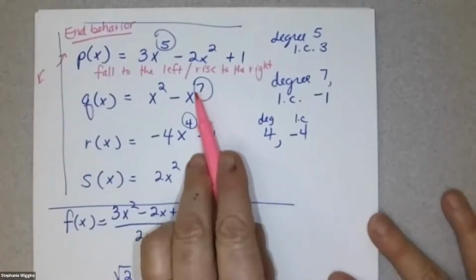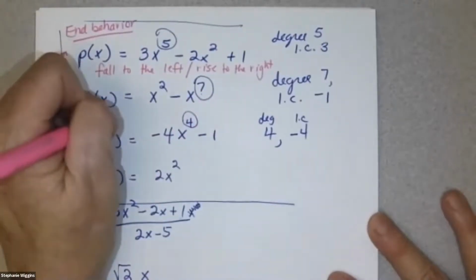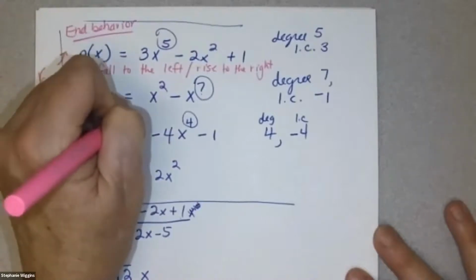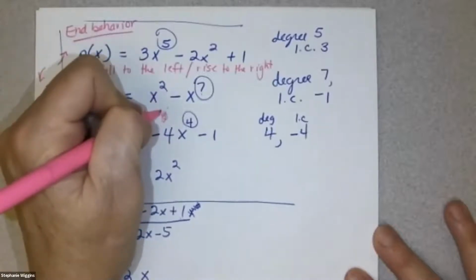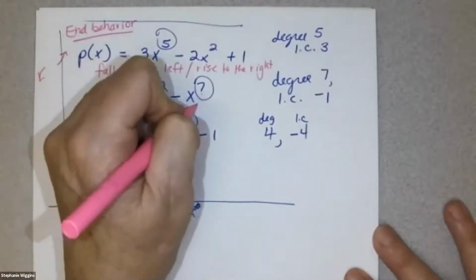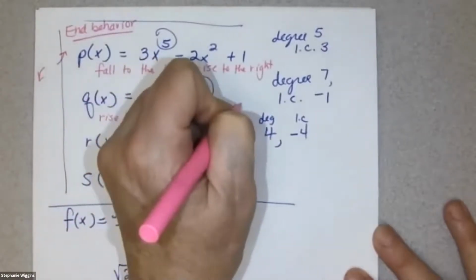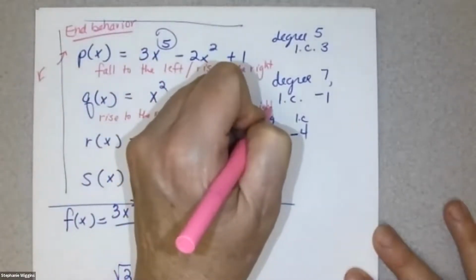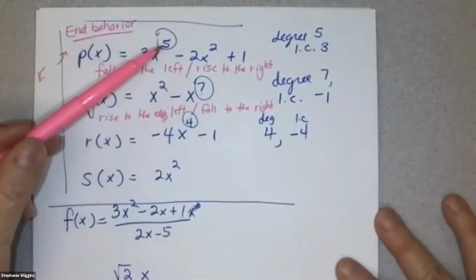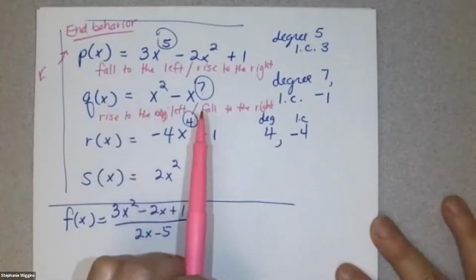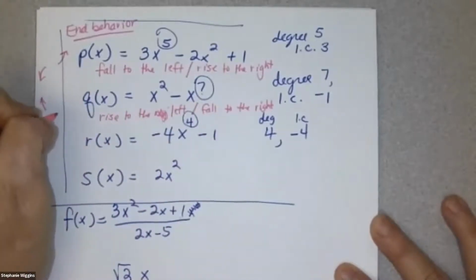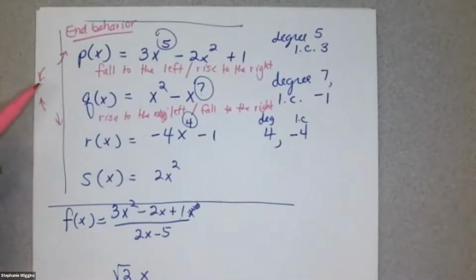If you have odd degree and negative leading coefficient, then it's going to rise to the right. I'm sorry, to the left, and fall to the right. So when the degree is odd, it's going to be opposite. Here it's fall and rise, rise and fall. The graph is like this and like this. Then something happens in the middle, but we're talking about the ends of the graph.